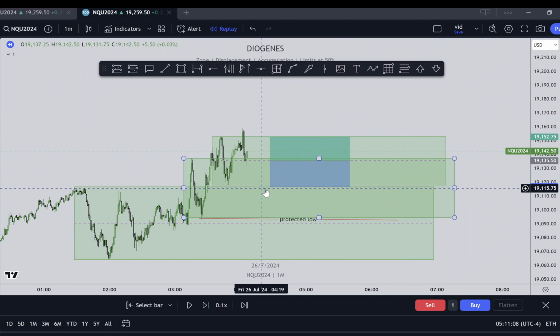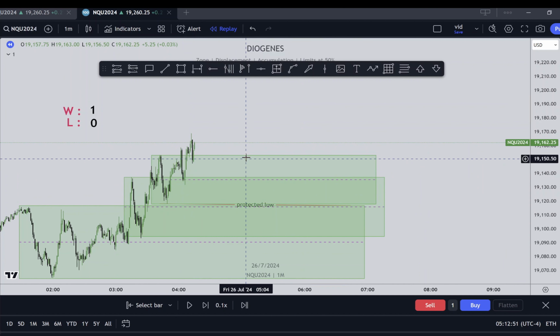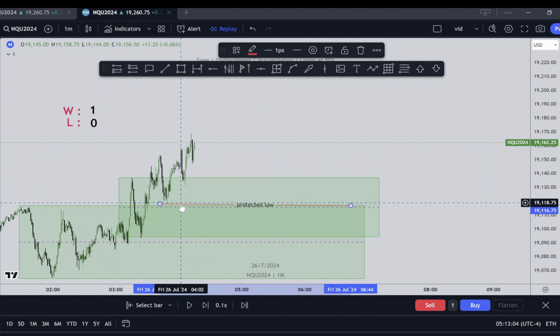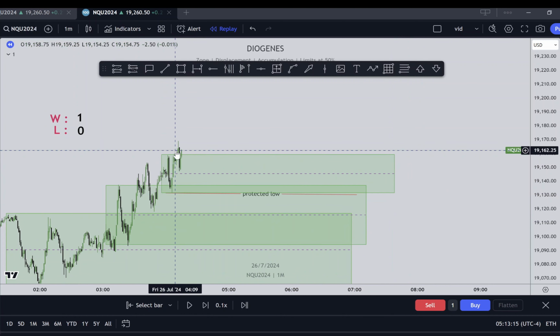So since we mitigated this 50% and closed above it, we'll delete the last zone. Our last protected low is here. So I will take again this trade if they take me in after closing above the zone.